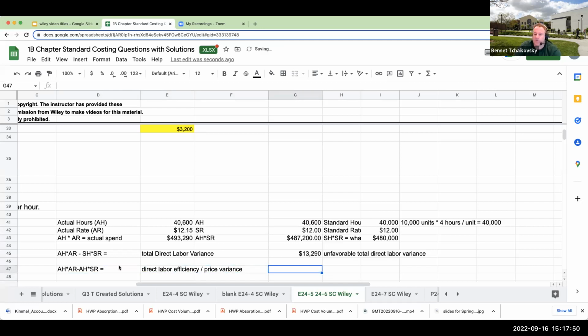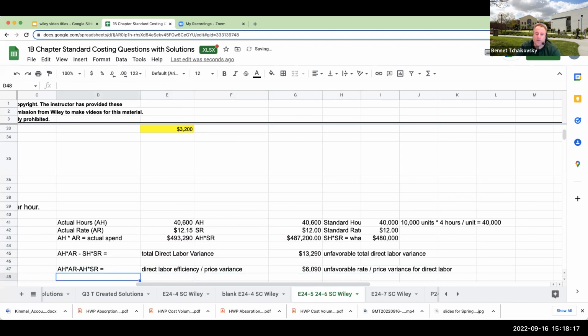So this is going to be 493,290 minus 487,200. This is because I spent more per hour than I should have. Remember, I'm isolating the rate by comparing it to these numbers, right? So this is going to be an unfavorable rate or price variance for direct labor.